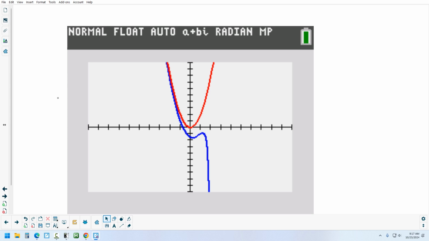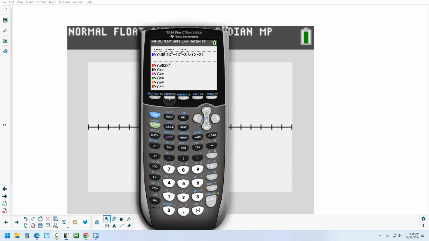Does it look like the blue one is continuing up from what we can see? No, it looks like the blue one is just going straight down. At some point, the blue one does start continuing back up. If you set your Ymax at, let's set it at 50, let's see if we can see a little bit more.